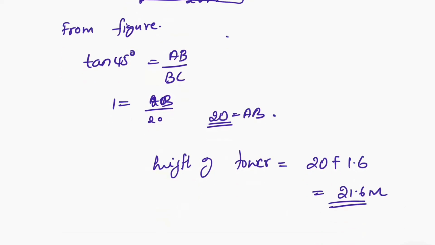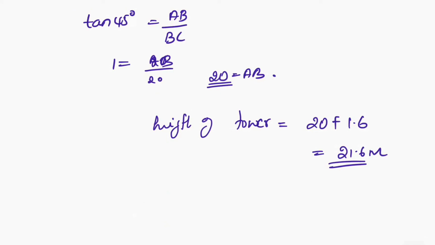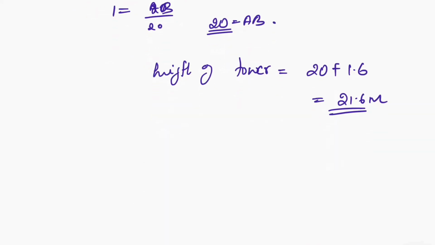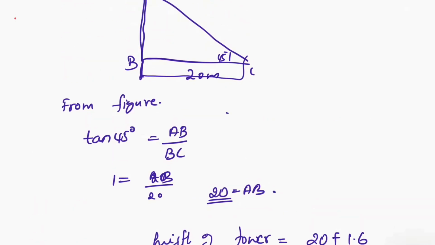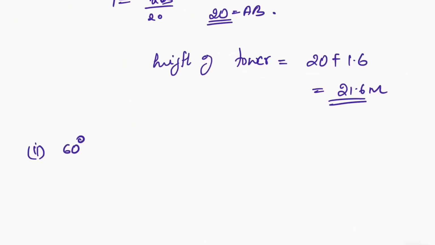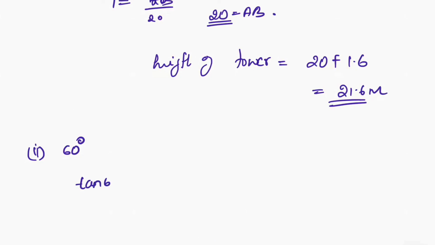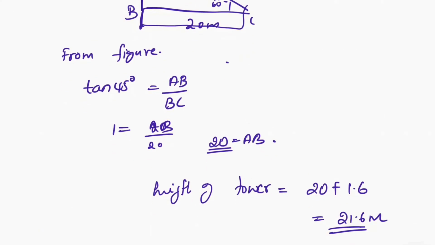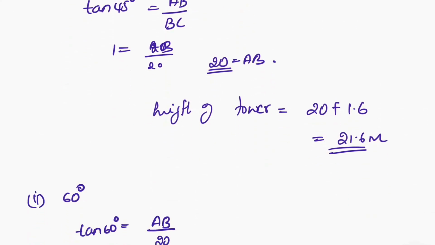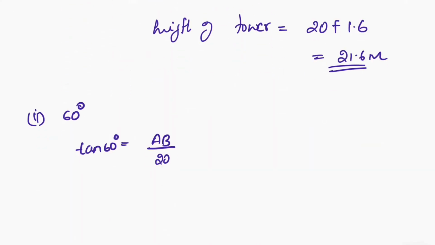Okay. Similarly, coming to the next one, the second condition is given for 60 degree, right? Same way, if I take the same figure, instead of this I am using 60 degree. So tan 60 is equal to AB by 20, the distance between the boy and the tower.